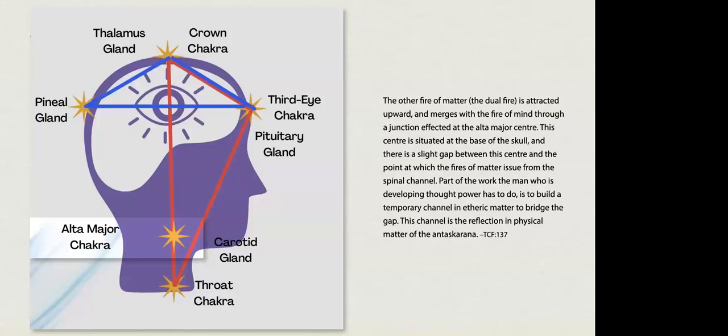Part of the work the man who is developing thought power has to do is to build a temporary channel in etheric matter to bridge the gap. This channel is a reflection in physical matter of the antaskarana.